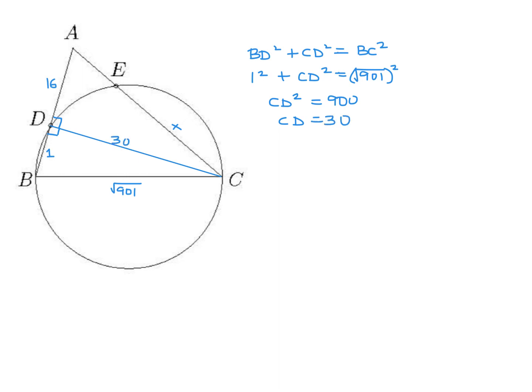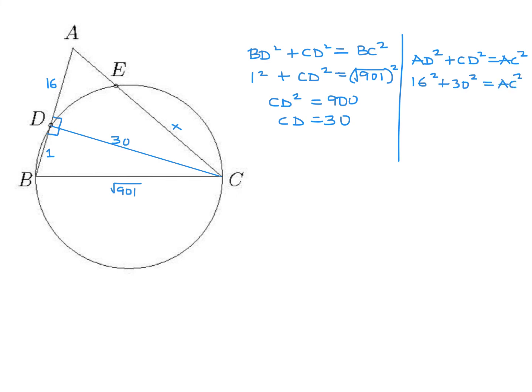And then I can use Pythagoras again to figure out on that triangle the value of AC. So Pythagoras on that triangle would be AD squared plus CD squared is equal to AC squared. So AD is 16, CD is 30, and AC, well, that's what we're trying to figure out.